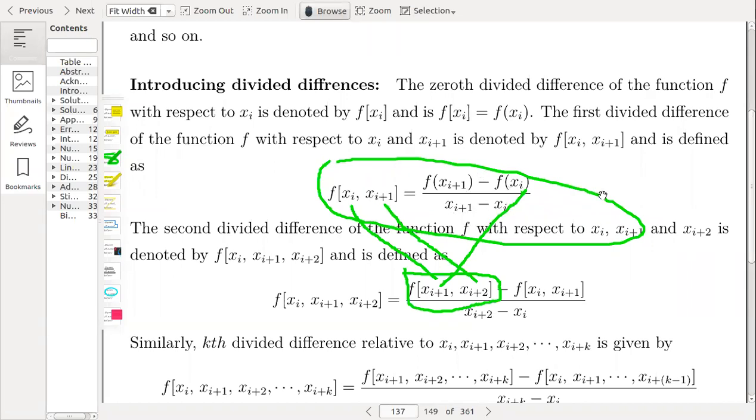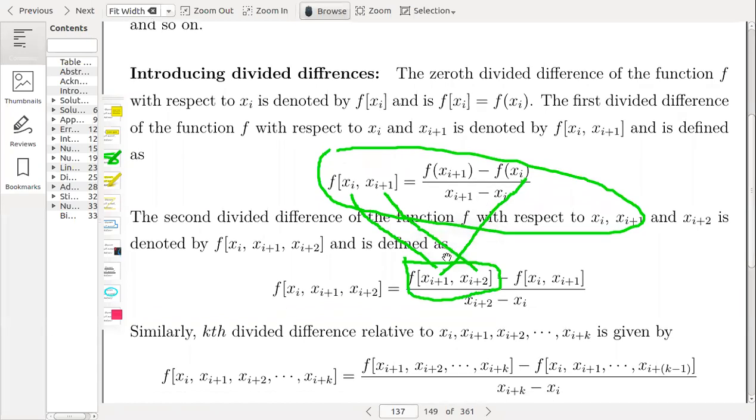So this is the first divided difference. Just observe the denominator, xi plus 1 minus xi. This is actually the difference of the consecutive points.